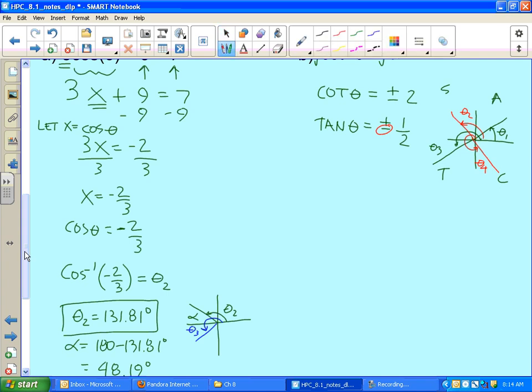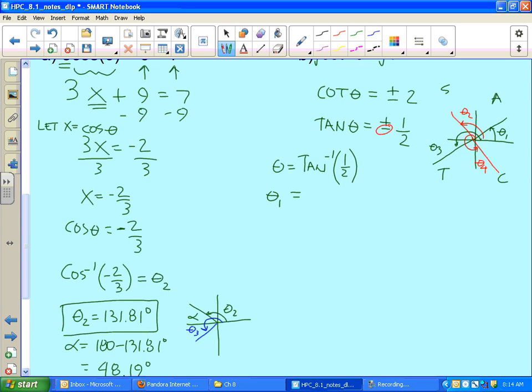All right, let's first of all go find our theta as our reference angle. So what we're going to do is look at theta equal to the inverse tan, and we're just going to use the 1/2 value. And again, this will produce for me theta 1, because it's a positive ratio.